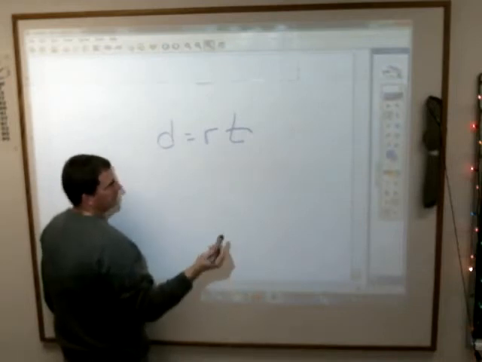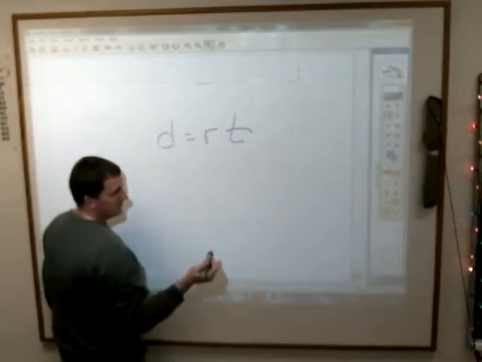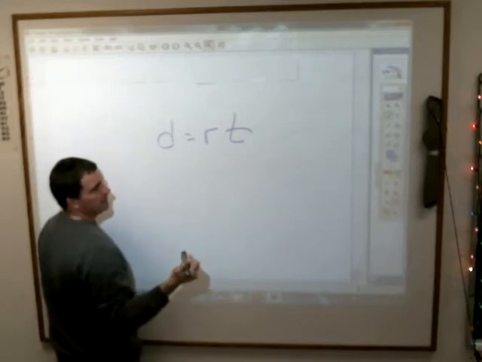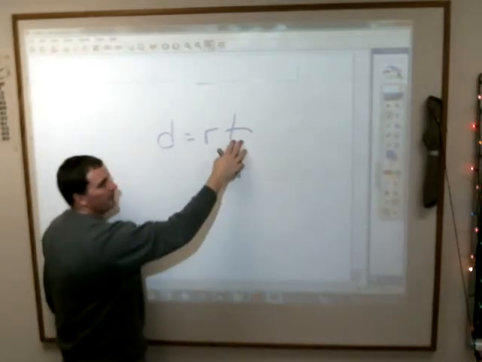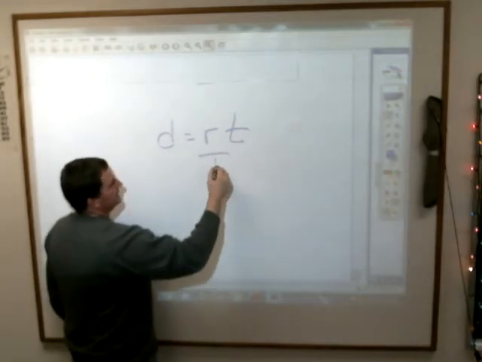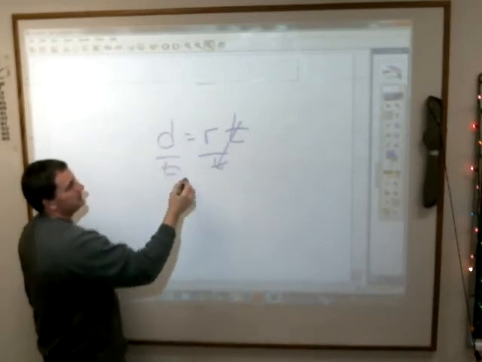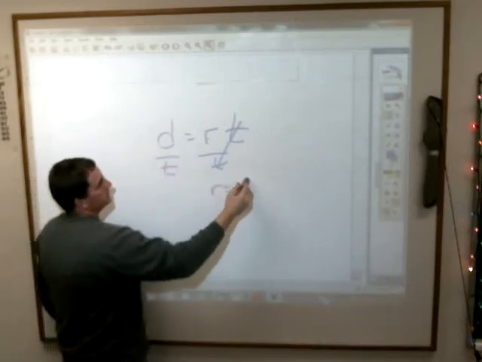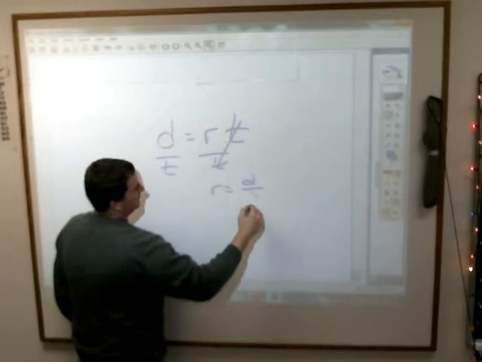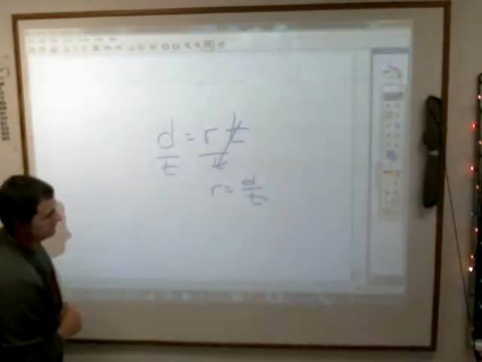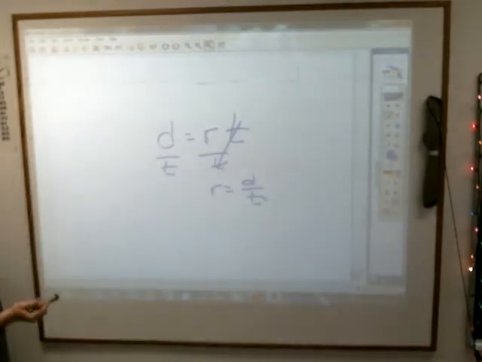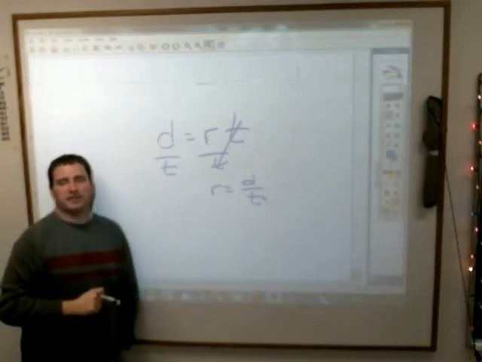Why would I divide by T? I want to get the T away from it, so I divide by T. So R equals D divided by T. Rate equals the distance divided by time. That's not right, Nick?